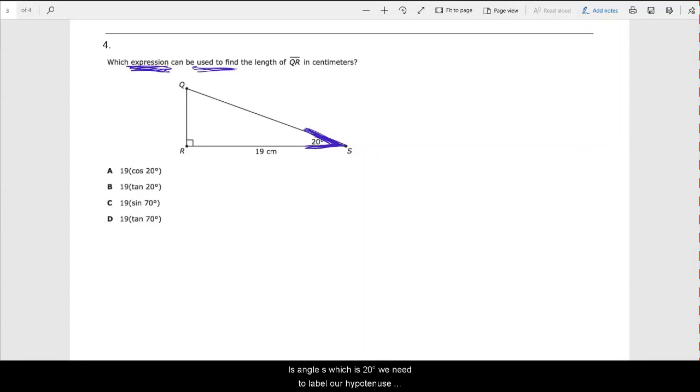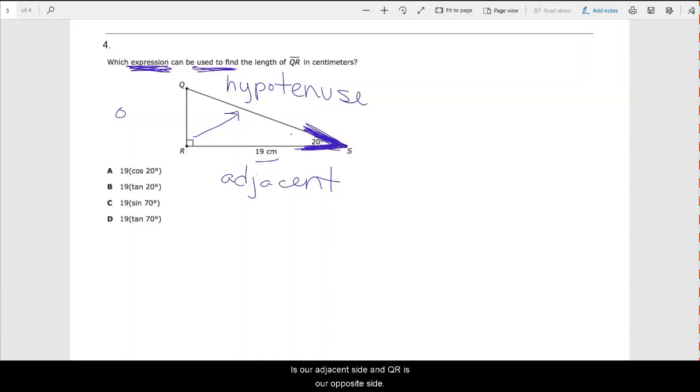We need to label our hypotenuse, which is opposite the 90-degree angle. Remember, I said label your hypotenuse first because that one is always in relation to the right angle. Now, your opposite and your adjacent will be the sides that you highlighted when you indicated your angle. So this side, 19, RS, is our adjacent side, and QR is our opposite side.